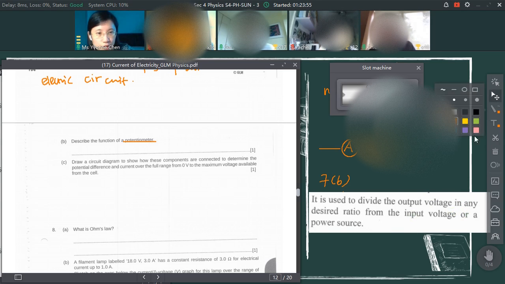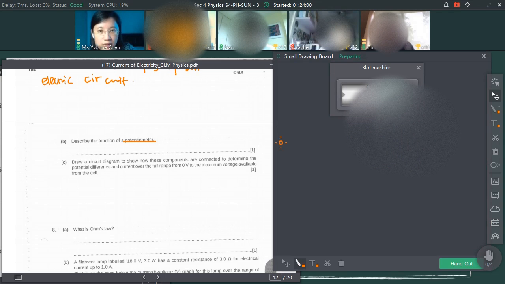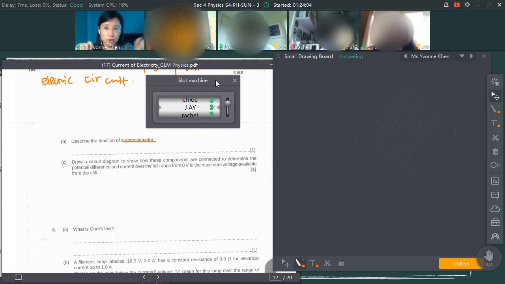Class, I'll give you the small drawing board. Then you can do it on the small drawing board and show me the answer. You do it on your paper, take a photo and upload.